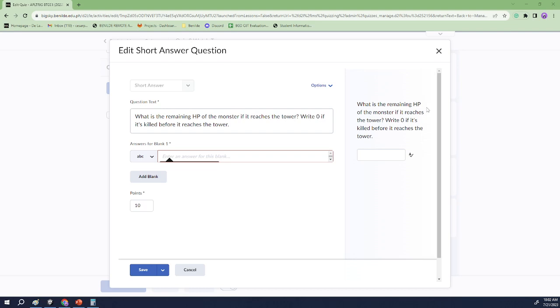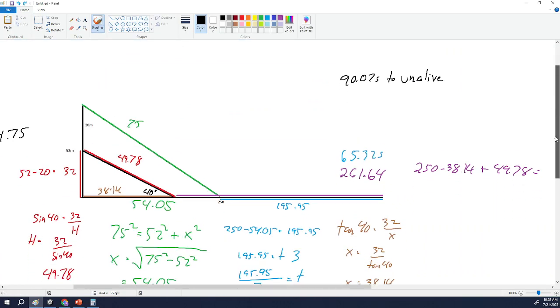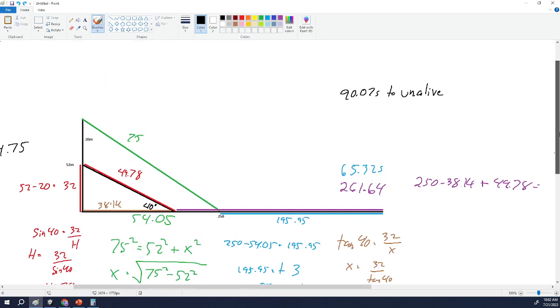Okay. So first, how long would it take him to actually reach the base of the tower?